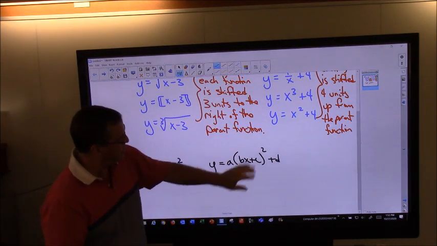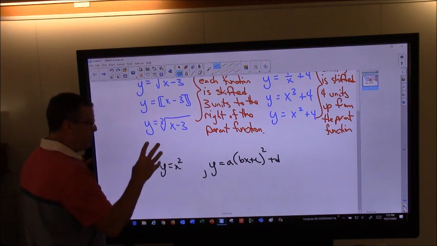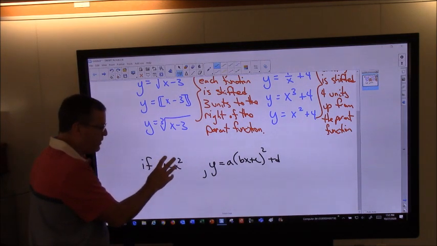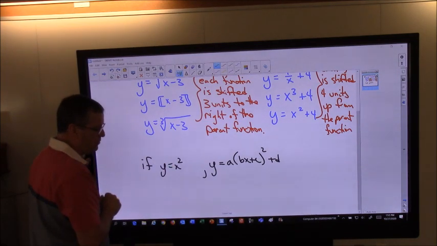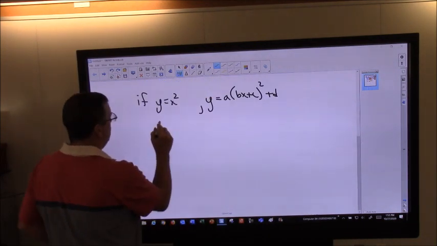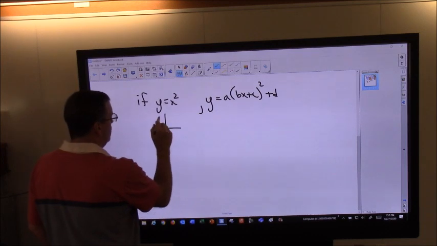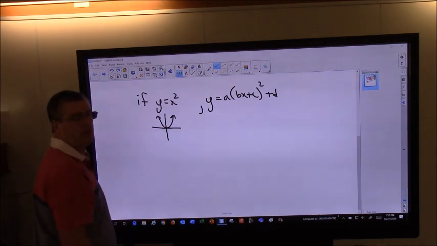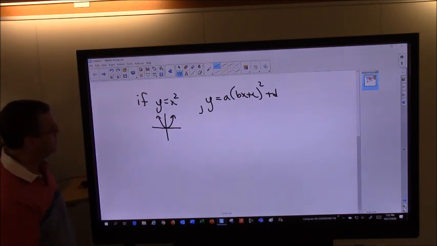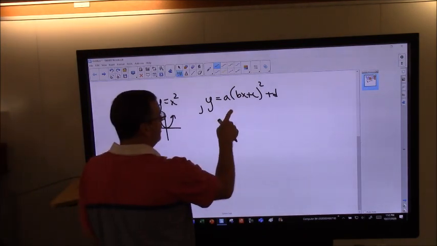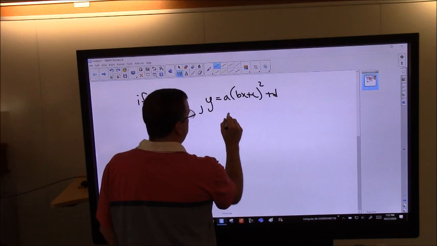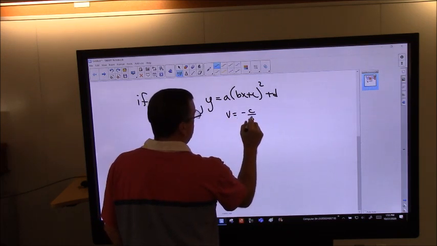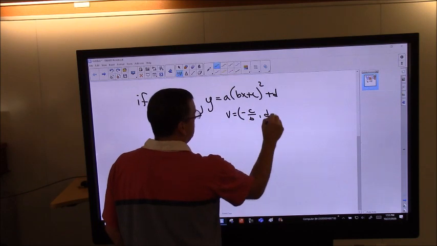Once I put numbers in here, what did that really do to this graph? I mean, here's what we know so far. We know that if I graph the parent function, it's just a basic parabola. Go over 2 units, you got to go up the square of that, which is 4. But when I come over here, I know that there's a vertex at negative c over b, comma d.